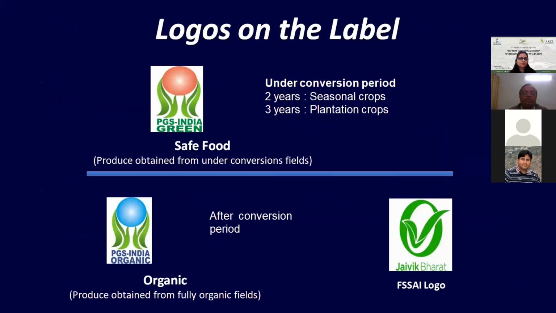And if you see, first is organic green, that is the first 2 years, it is a safe food. And then in the third year, if the farmer follows all the 10 conditions, he is given the PGS India Organic label, and along with the PGS India Organic label, the processor or farmer can use the Jaivik Bharat logo of FSSAI.